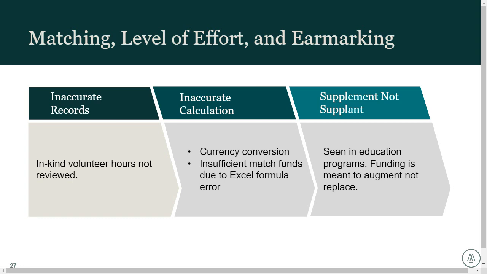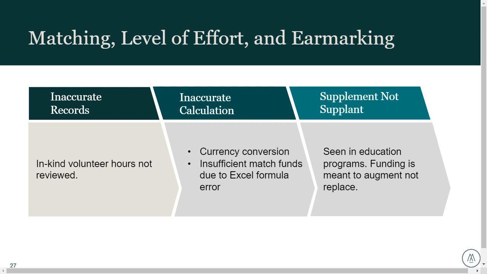So matching, level of effort and earmarking, we have inaccurate records, inaccurate calculations, and then supplement, not supplant. For in-kind and volunteer hours, you want to make sure that you're reviewing those. We've seen instances where that's an end-of-year activity that gets lost in those end-of-year pieces. So be sure that you're looking at those and reviewing those.